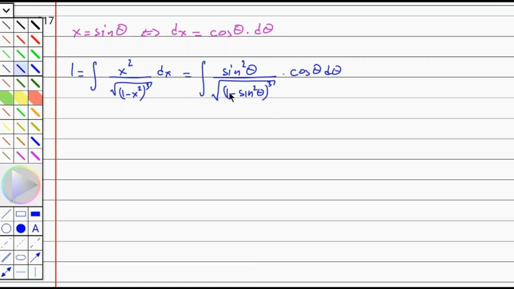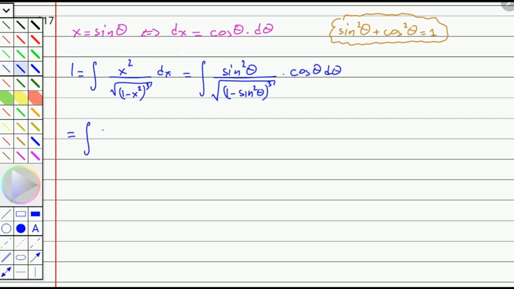Also, we can see that inside this bracket we can construct a cosine squared, because if we remember, sine squared theta plus cosine squared theta equals 1. This is the Pythagorean and most basic trigonometric identity. If we bring the sine squared to the other side, we are left with cosine squared equals 1 minus the sine squared. So this becomes very easy.